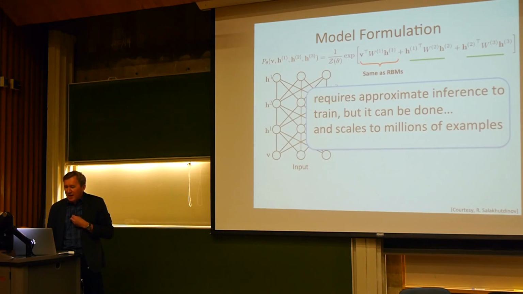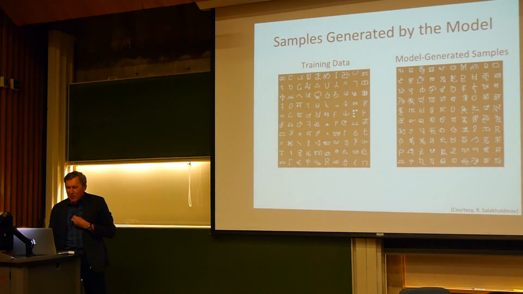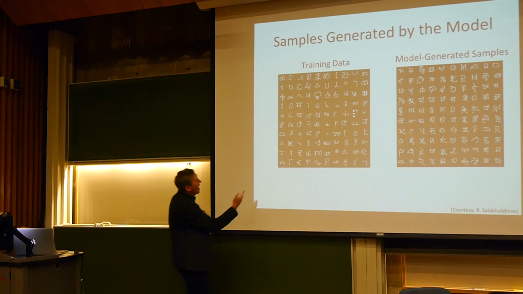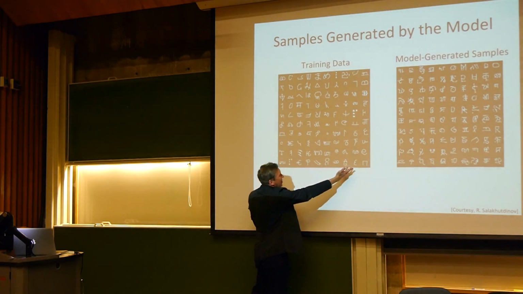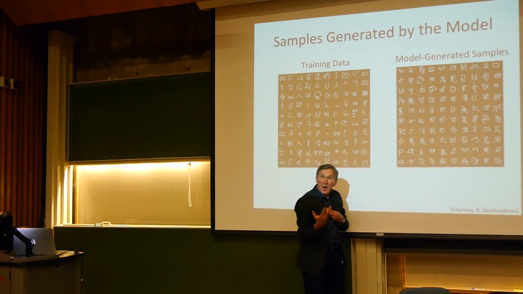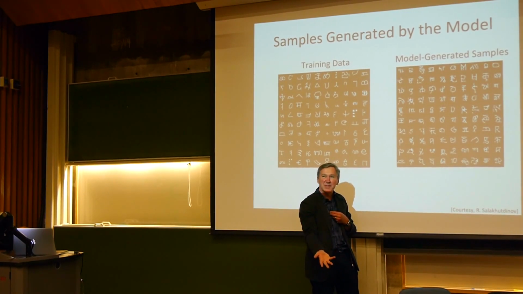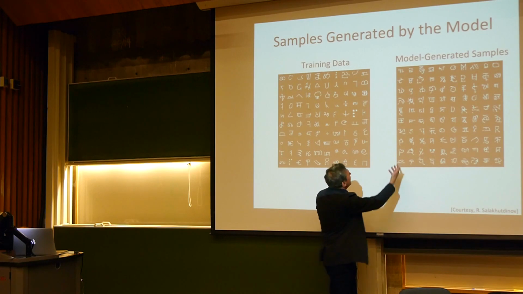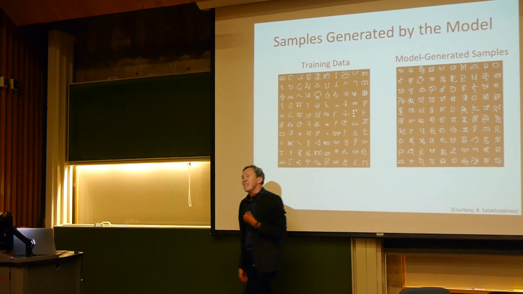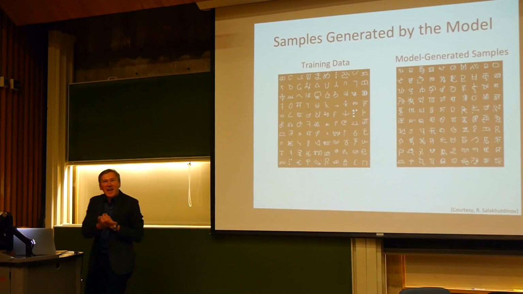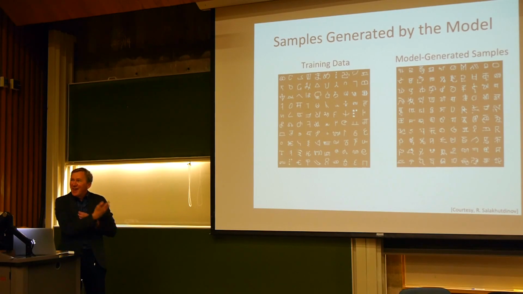It's complicated, but in fact, it can be done efficiently. And if you train it on input characters like this, and have it generate random outputs that are high probability outputs, you get things like this, which you can see is capturing much of the structure of the characters that are actually the input.